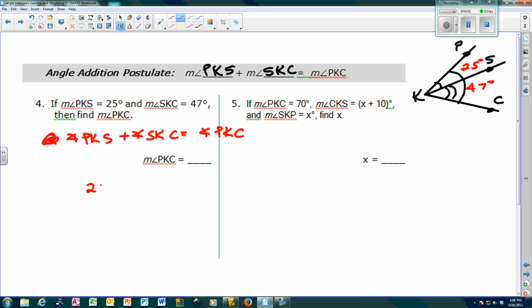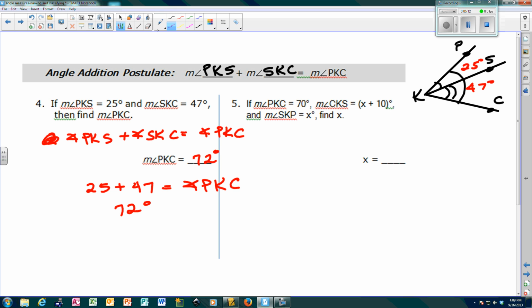So that would be 25 plus 47 equals angle PKC. So what is 25 and 47? It is 72 degrees. So the measure of the whole angle is 72 degrees.